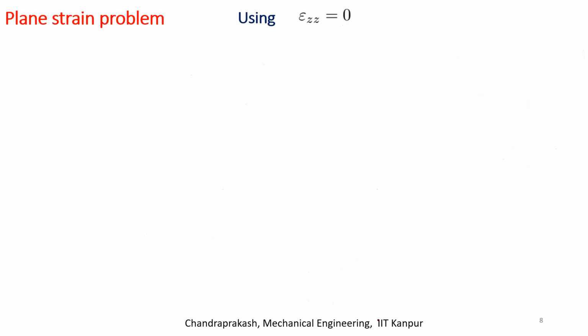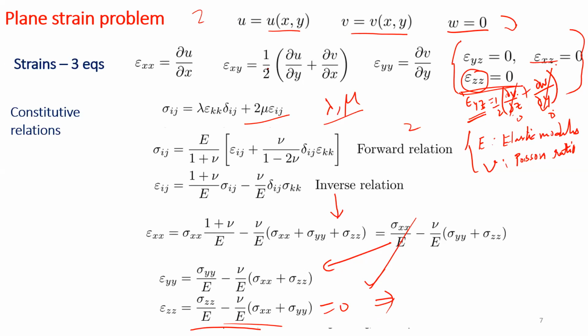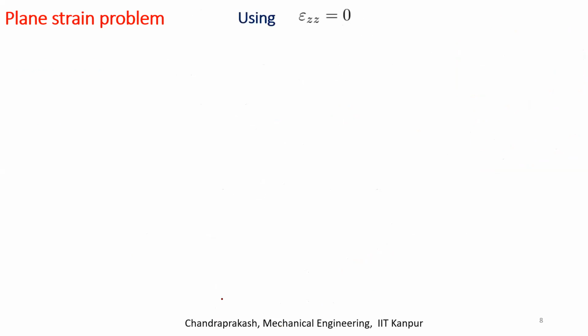That's what I'm writing. Epsilon zz is 0, which means your sigma zz is... Until here, I am using the stress strain relations, right? And these are the simplifications I got. And now I know epsilon zz is 0. So I'm equating this to 0, which means you will get sigma zz equals nu times sigma xx plus sigma yy.